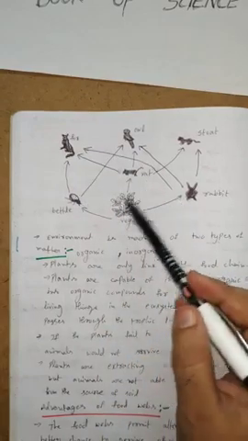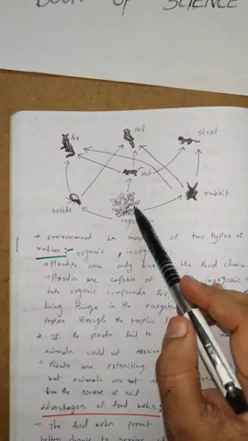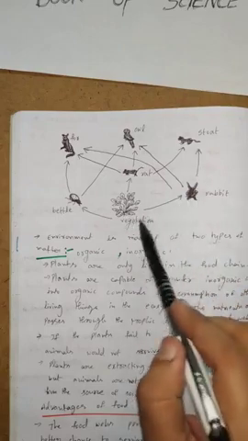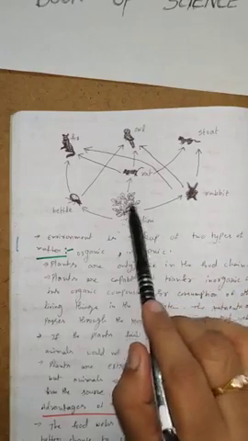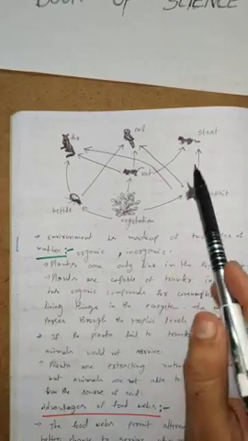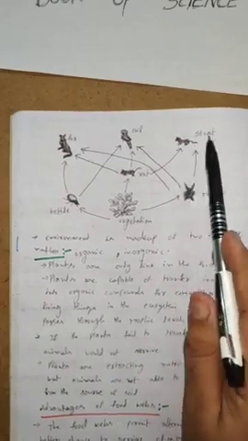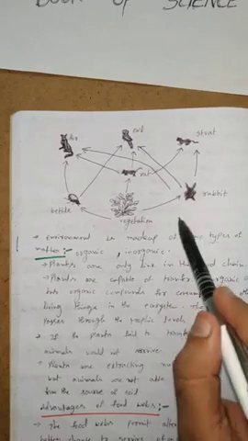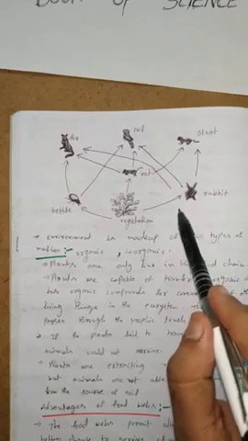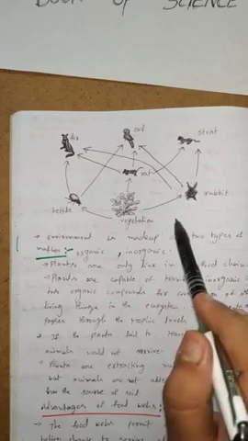For example, in the ecosystem, we take this food chain: green plants, rabbit, stoat. This is the food chain. If the rabbit, the stoat's food, is not available in the forest, what happens?